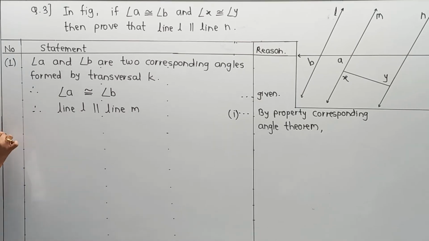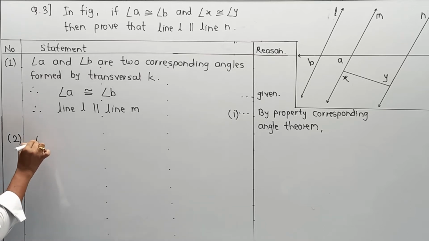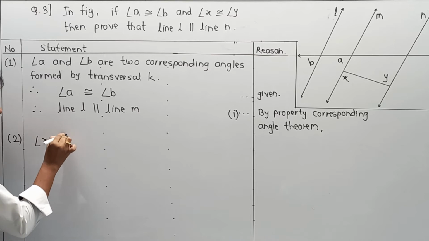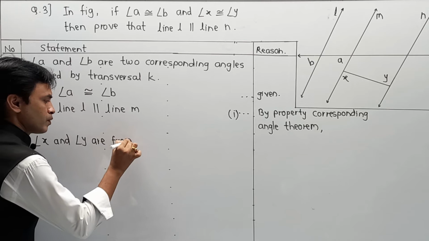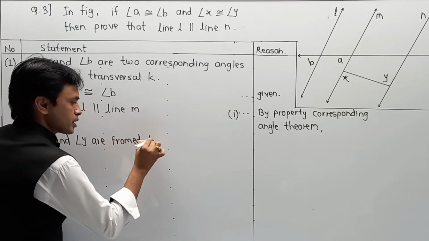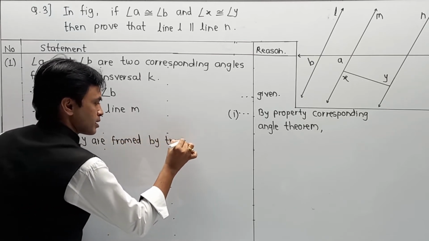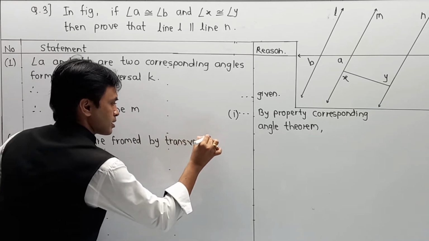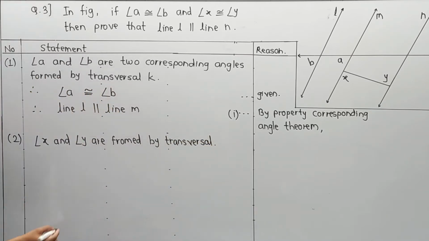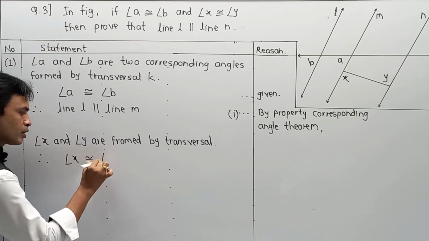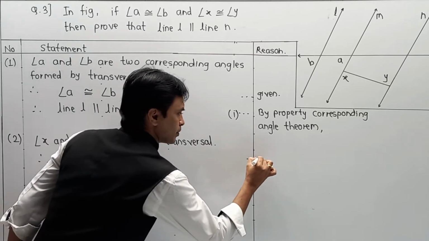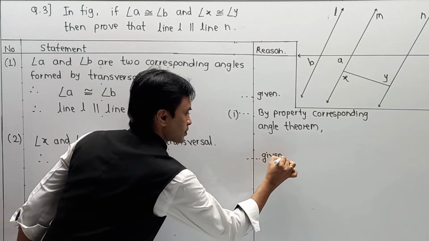In the second part, they have also given that angle X and angle Y are congruent. So, angle X and angle Y are formed by a transversal, but it is not K, they have not given it a name. So, we have angle X is congruent to angle Y. They have given, so we are going to write it as given.